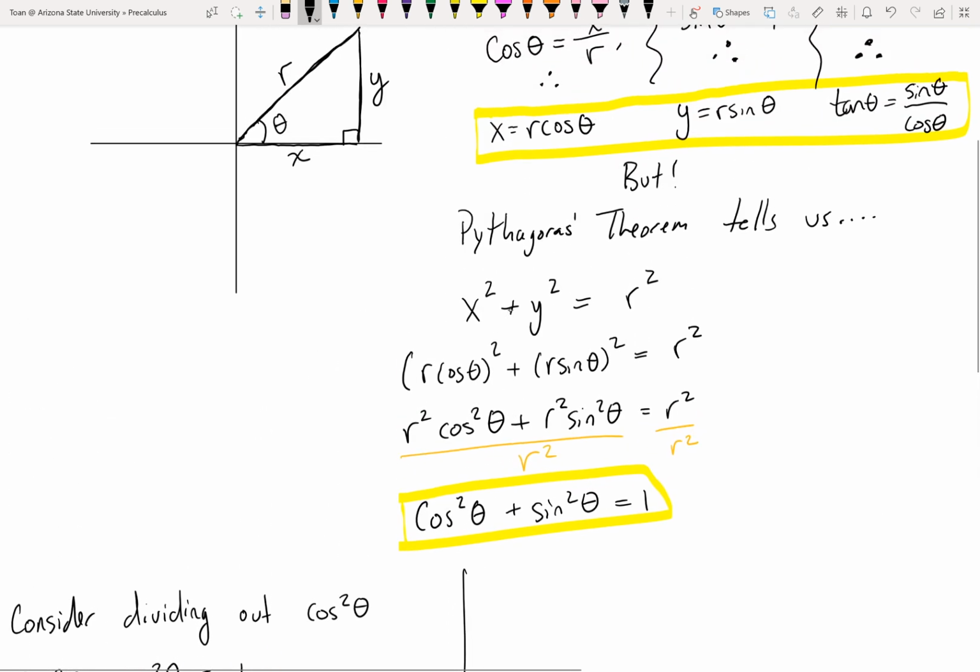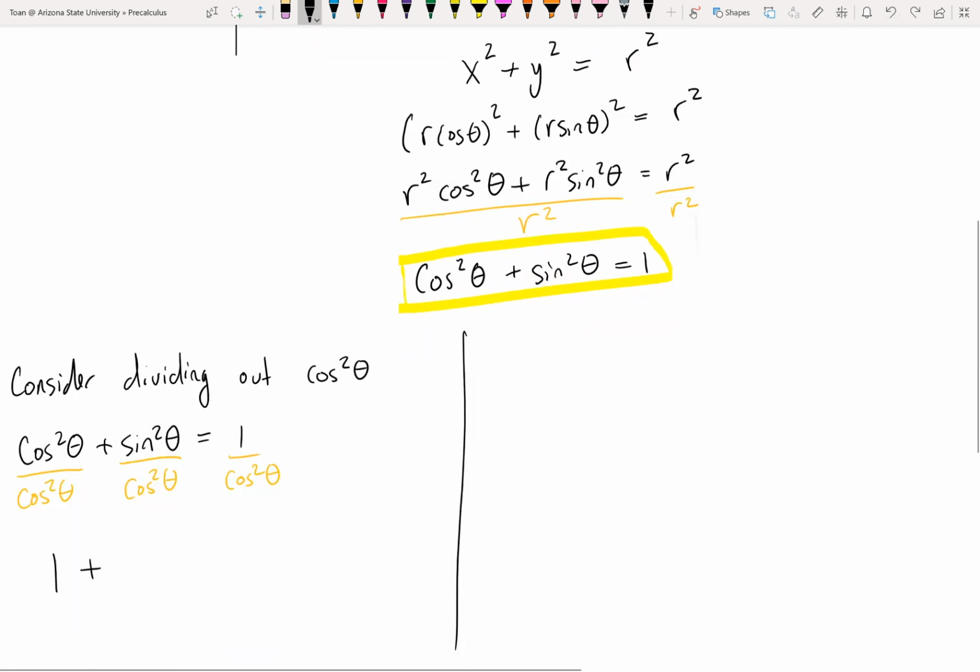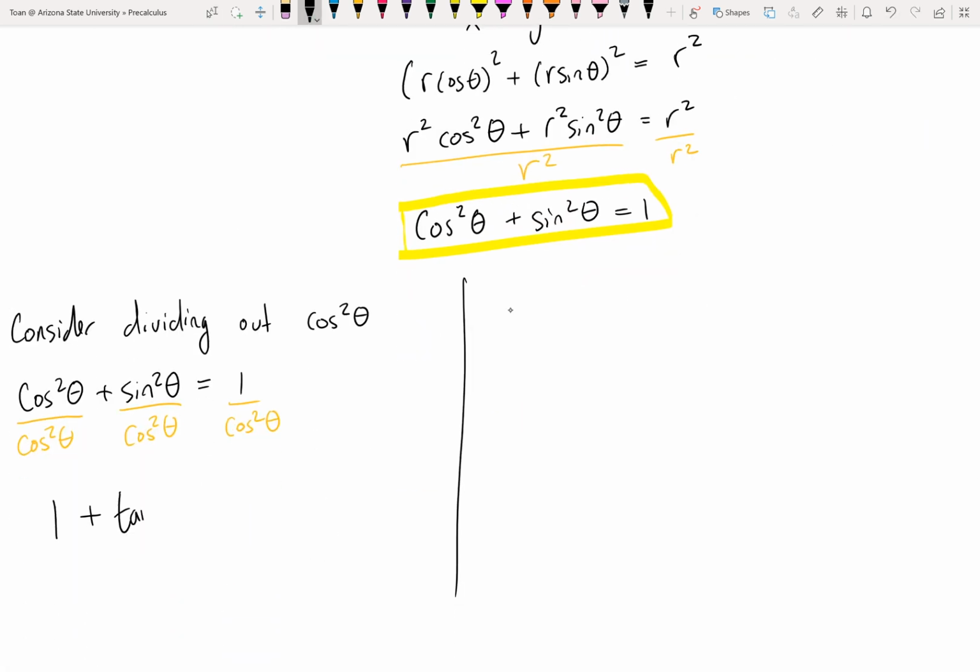We just said that sine divided by cosine was tangent. So sine squared divided by cosine squared would have to be tangent squared. And then 1 over cosine squared. Well, we know that 1 over cosine is secant, so if you deal with the squared, it just becomes secant squared. So this is another one of the Pythagorean identities.